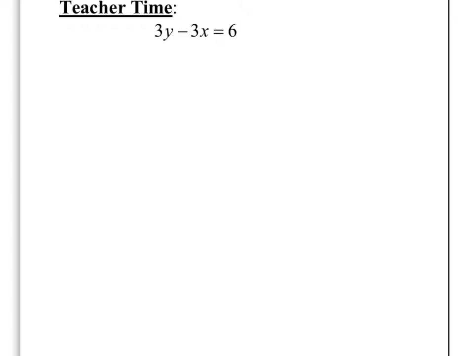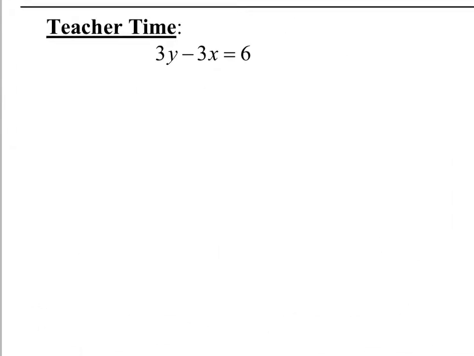So starting with this equation, I have 3y minus 3x equals 6. What is the first thing that I absolutely need to do with this equation in the process of solving it? Sandra, you change switch. Next thing we need to do is figure out how to get that y alone.